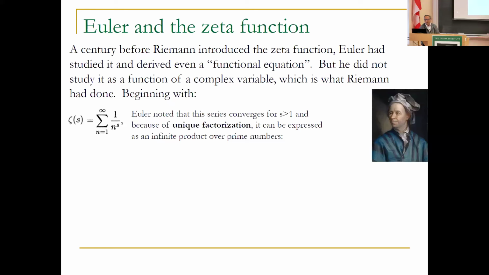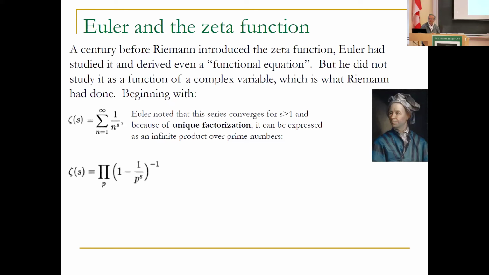And Euler began with the observation that this Dirichlet series, the summation of 1 over n to the s, can be written as an Euler product, what we now call an infinite product over primes. And this equality, that this infinite sum is the same as an infinite product, is equivalent to the unique factorization theorem.